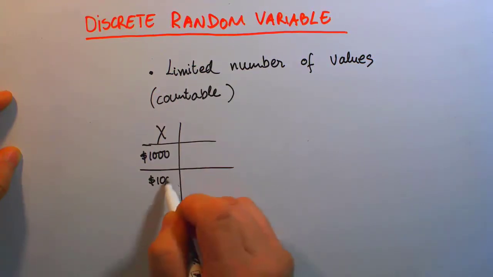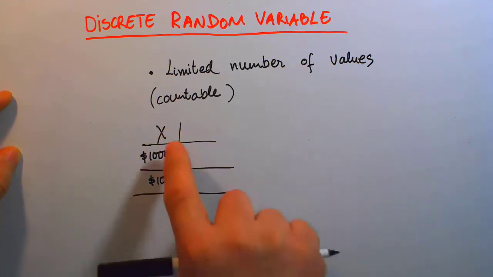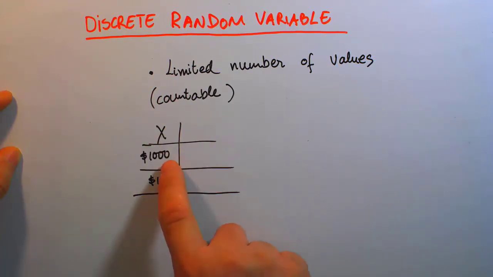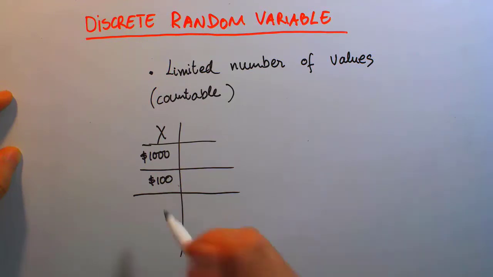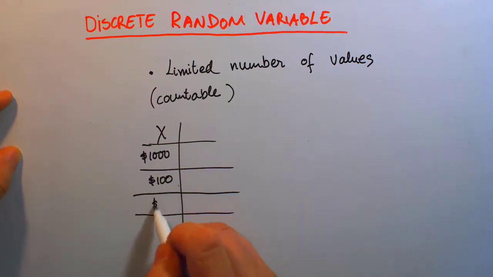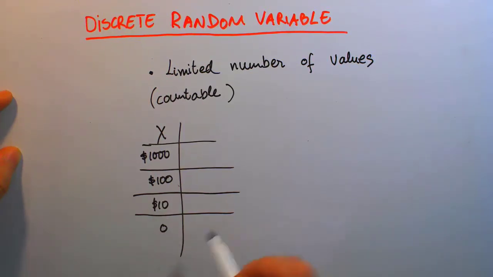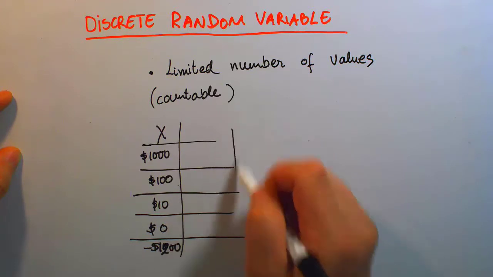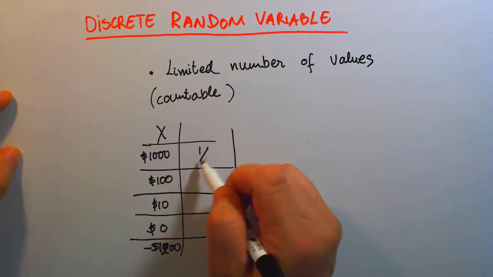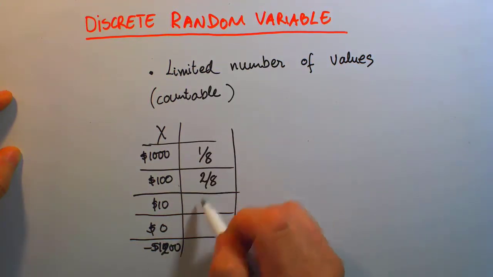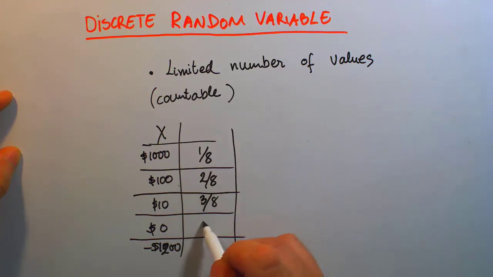So our random variable could equal $1,000, or $100, or $10, or 0, or negative $1,200. And these are the chances correspondingly: 1/8, 2/8, 3/8, 1/8, and 1/8.